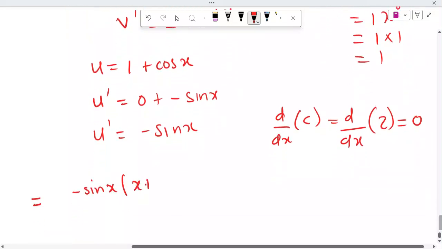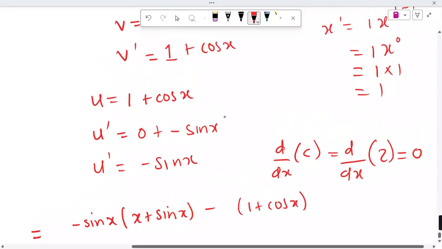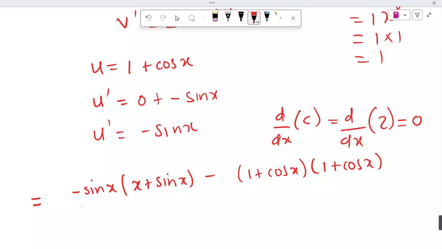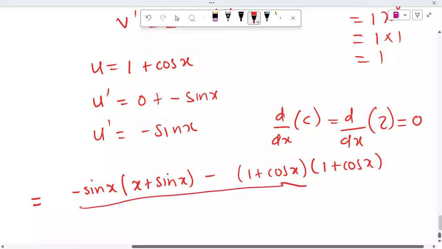So it is negative sine x times x plus sine x, minus u, which is 1 plus cos x, times v prime, which is 1 plus cos x, over v squared. v is x plus sine x, squared.